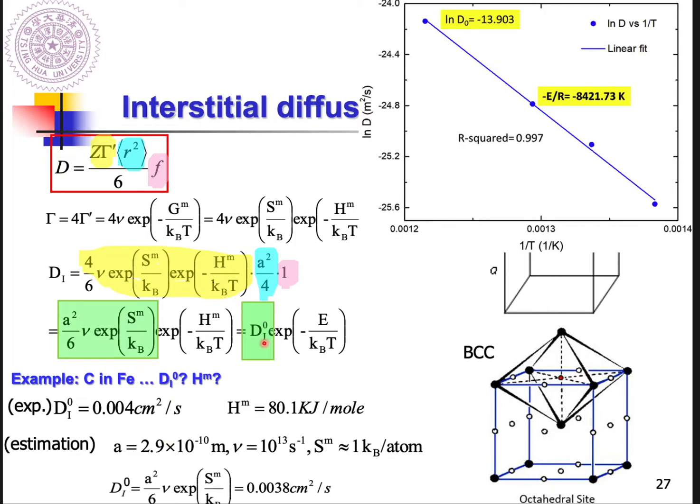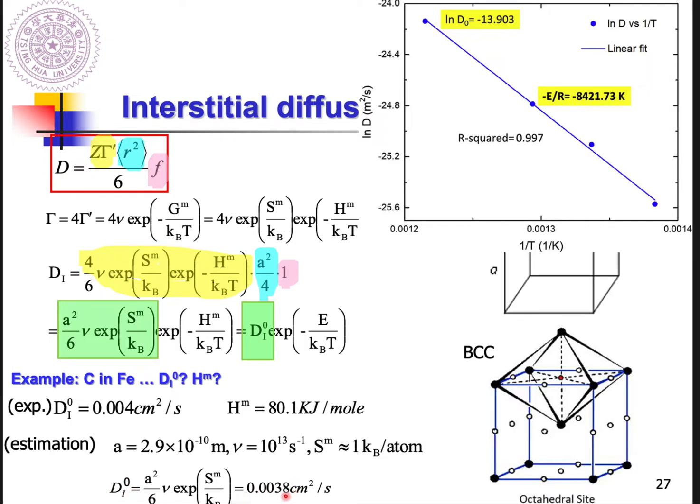Then, because you know D0 is associated with this term, as long as you have the lattice constant, vibration frequency and entropy for migration, you can just substitute them and get an estimation of D0.